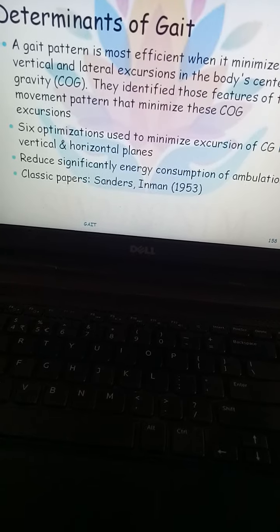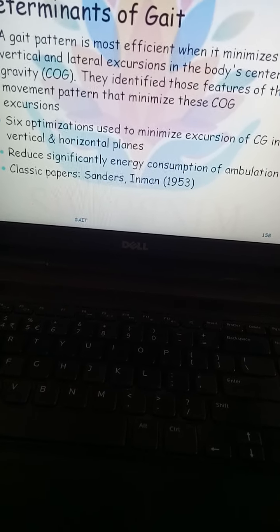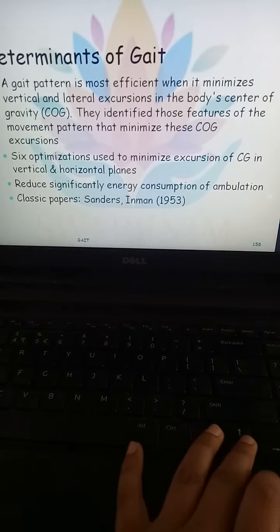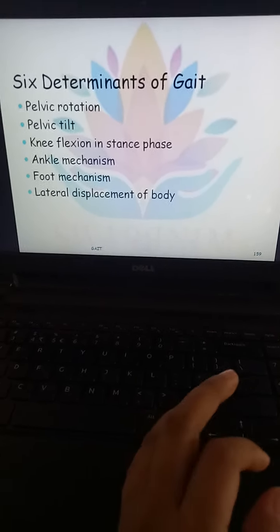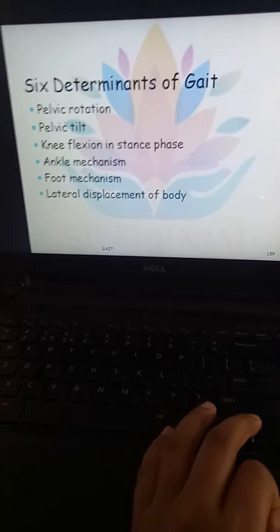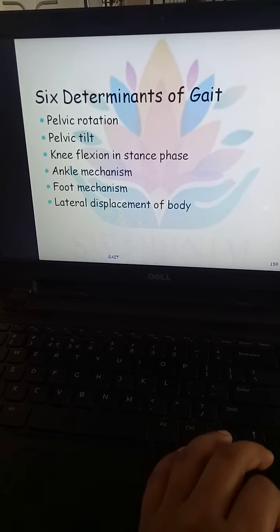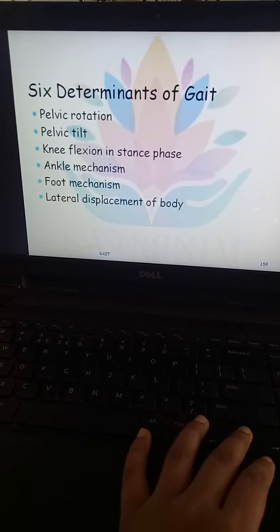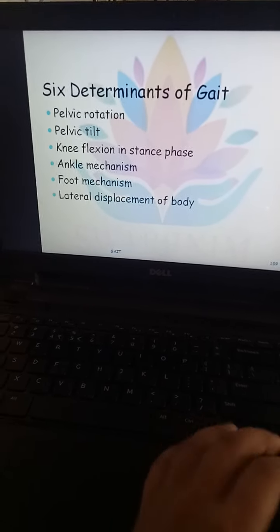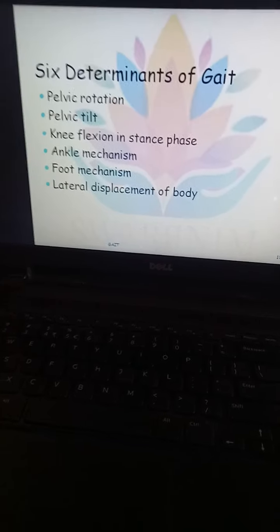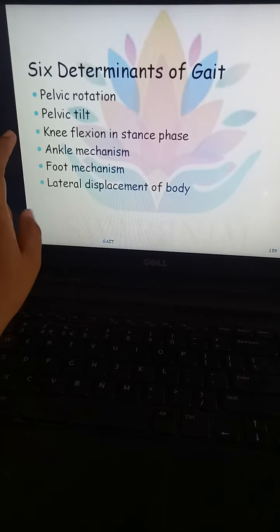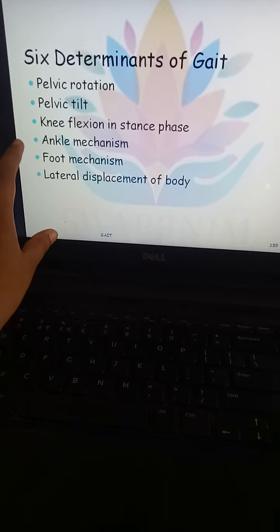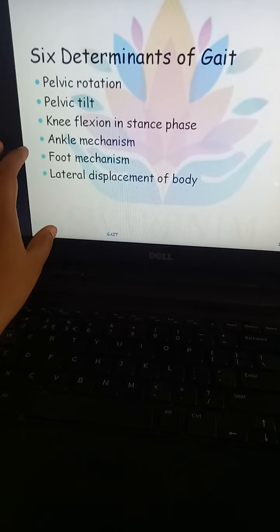Next, they significantly reduce the energy consumption of ambulation. So we have to remember these six points, the determinants of gait, in case anyone asks how you will determine the gait.